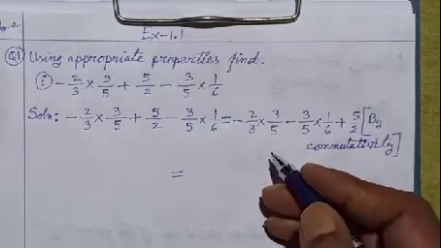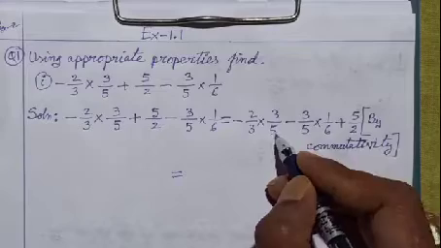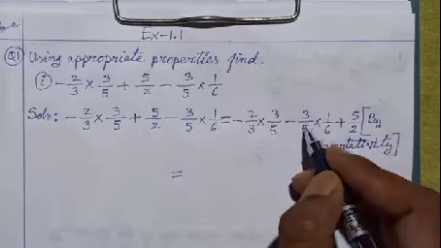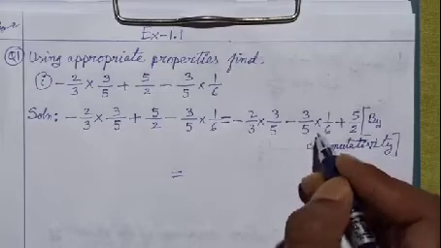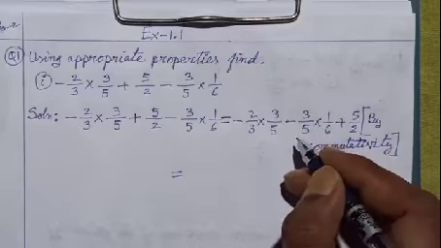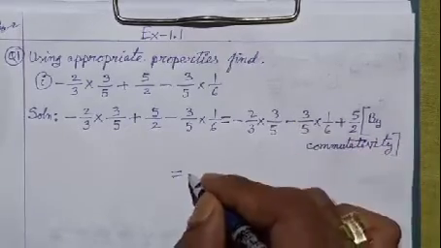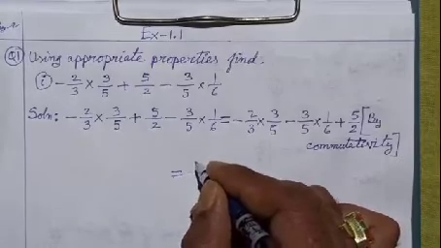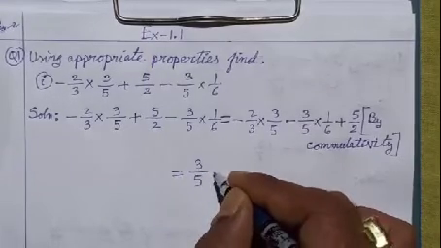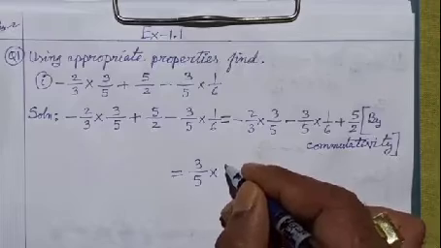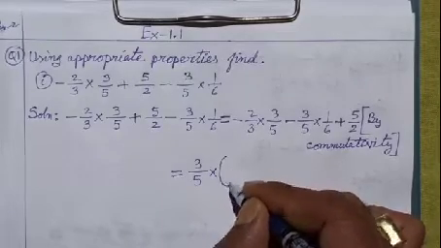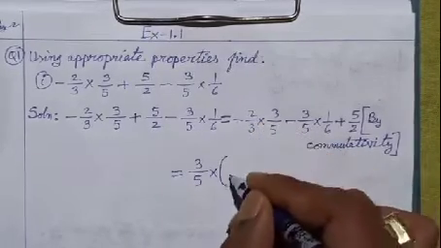Then next, you see here is 3 by 5 and 3 by 5. So 3 by 5 is common. So in this case, we can use distributivity of rational numbers. Then 3 by 5 is common. So writing 3 by 5, then multiply, then bracket, here minus 2 by 3.